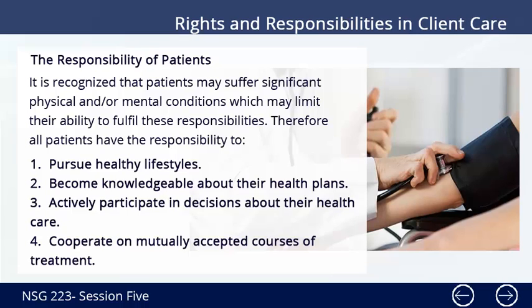Patients should cooperate fully with providers in complying with mutually accepted treatment regimens and regularly reporting on treatment progress. If serious side effects, complications, or worsening of the condition occur, they should notify their providers promptly. They should also inform providers of other medications and treatments they are pursuing simultaneously.